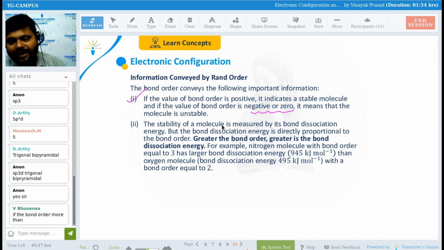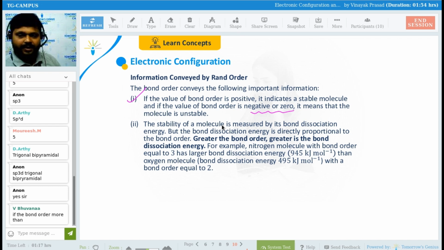Getting my point? If NB minus Na is 0, it is unstable in nature. Or NB minus Na upon 2 is 0, then also it is unstable. Or NB minus Na is negative, minus 2, minus 3 let's suppose, then also it is unstable in nature. Getting my point?